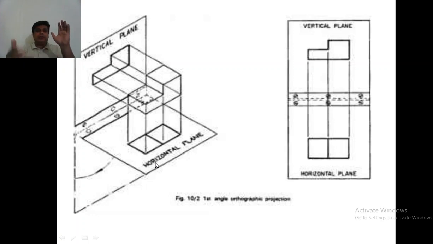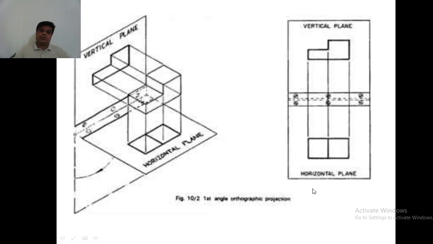So the vertical plane is drawn here and the HP will be rotated downwards. When you rotate it downwards and draw it in the drawing sheet, it looks like this.